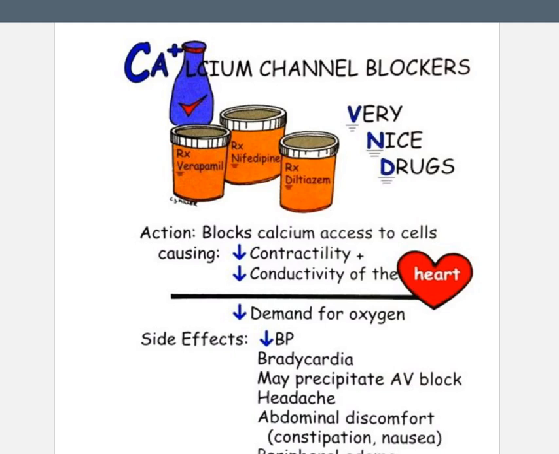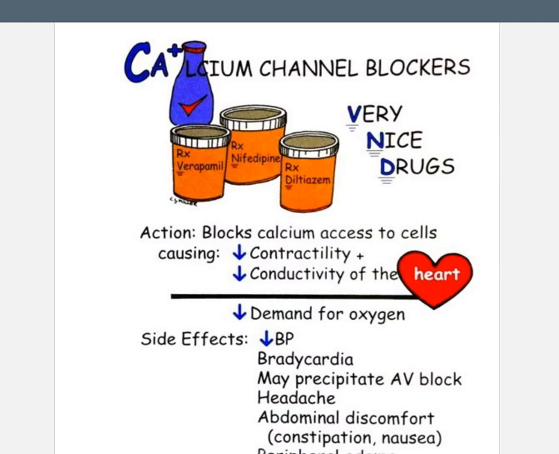How it works is it blocks the calcium channels in the vascular smooth muscle, including the coronary arteries, causing a decrease in the amount of intracellular calcium that's available. So the result for these types of medications are decreased blood pressure, decreased myocardial O2 demand, and as I said before, decreased afterload.